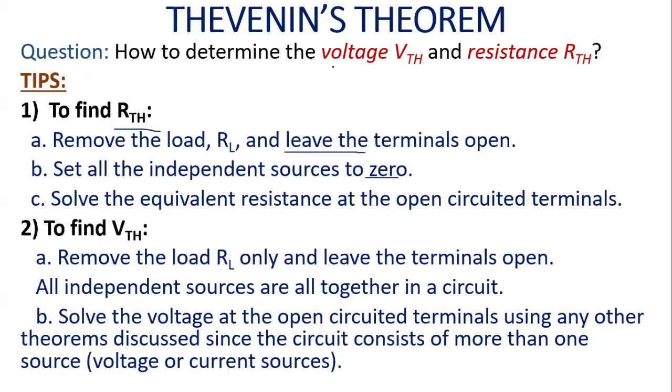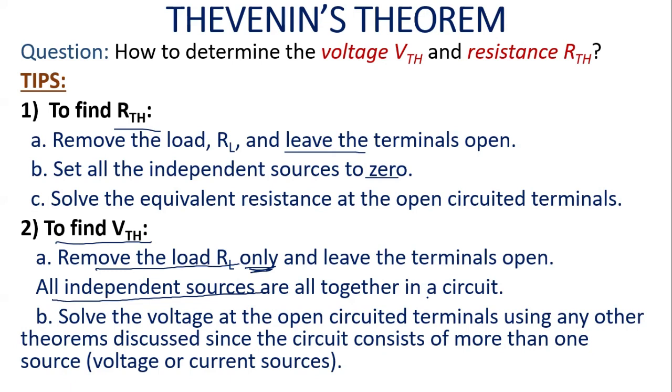Second step, we need to solve for step 2. Solve for the VTH. So if we go back, how to solve for the VTH? We simply remove the RL only. And take note that all independent sources are still in the circuit, all connected together.